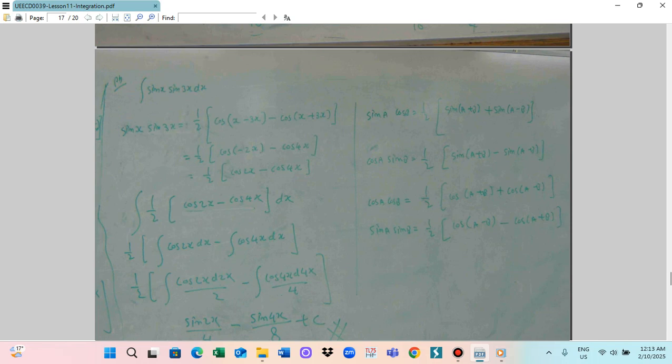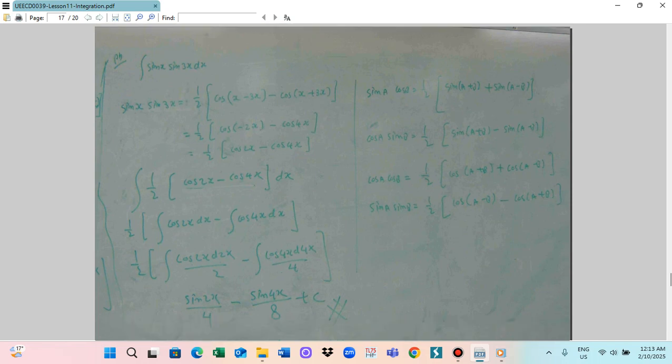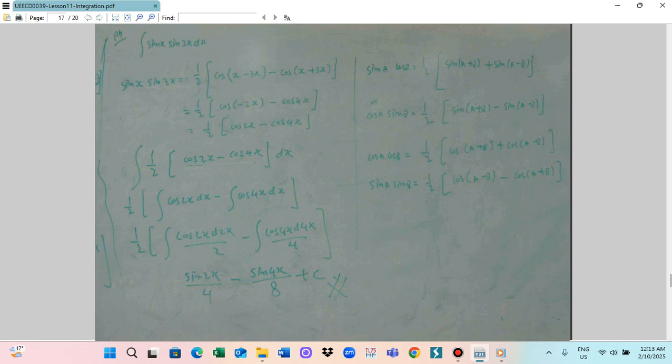So we go like this. This is equal to half into cos minus 2A minus cos 4A. So cos minus 2A is equal to cos 2A, so cos 2A minus cos 4A. So this is how we got it. So instead of sin 8A sin 3A, you can now substitute half cos 2A minus cos 4A.